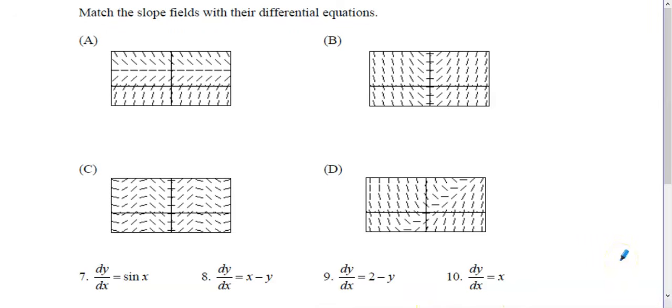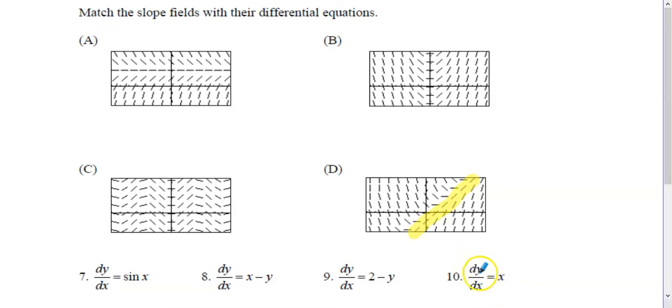Now here's one thing that I've seen people make some mistakes with in the past. Let's say that this slope field were shifted up one unit and that line that I just highlighted went through the origin rather than through a y-intercept of -1.